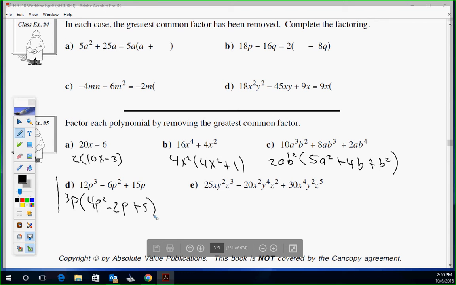Okay, and then these have a 5 in common. An x, y2, z2.